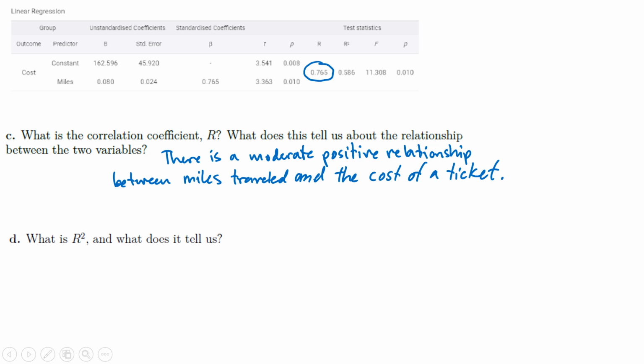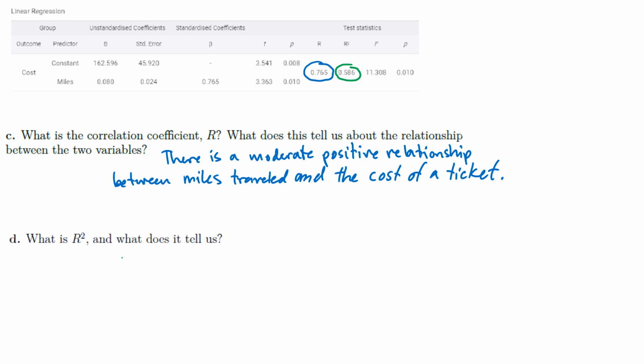Then part D asks us about R squared. R squared is 0.586, and remember, that tells us the percentage of variation in the Y value that's explained by our model.